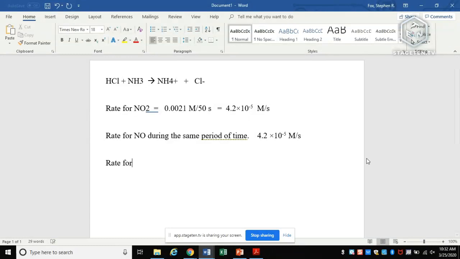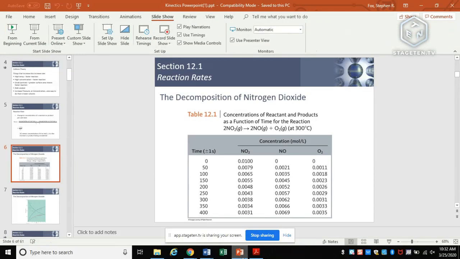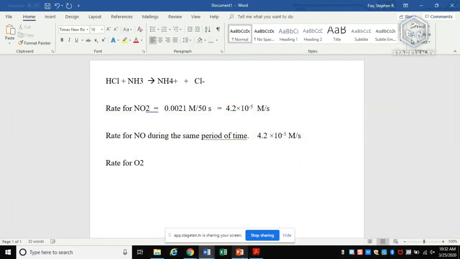What about the rate for O? Was it O or was it O2? Yeah. Okay. During the same period, what you could do, again, is change in concentration of O2 over change in time.